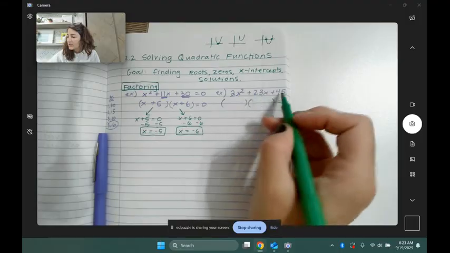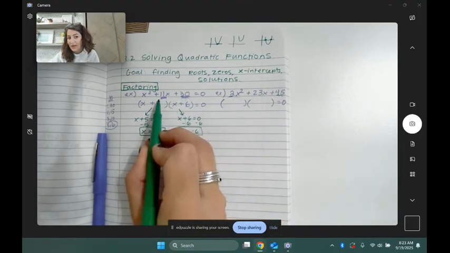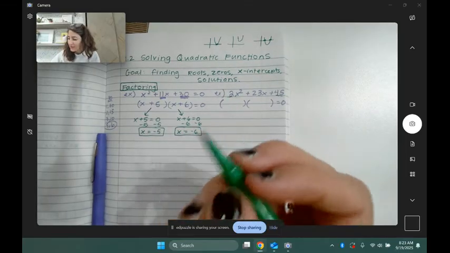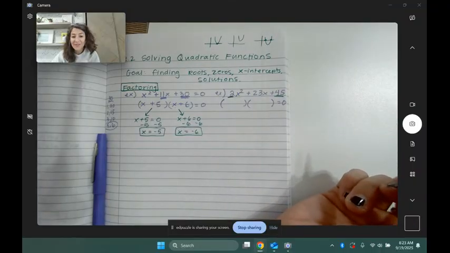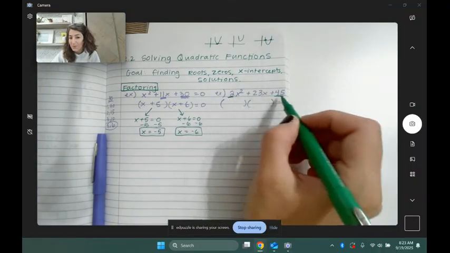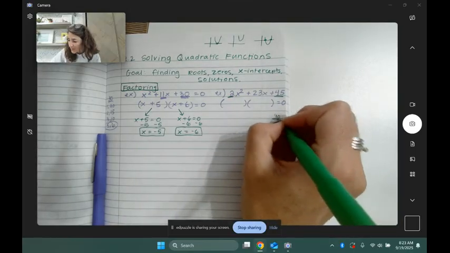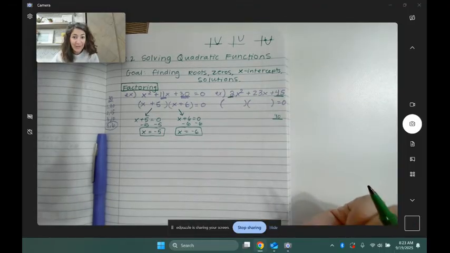But I want you to think about with this one, it's what multiplied to 30 and added to 11. When I've got this 2 in here, it has to kind of be a part of that. So for this one, multiply the 2 and the 45. So what two things multiply to 90 and add to 23?